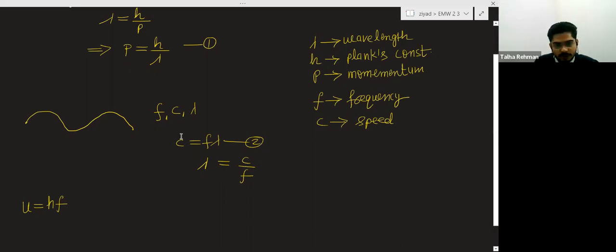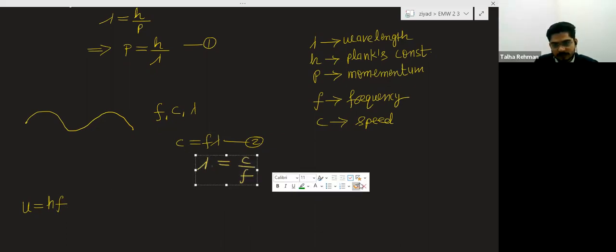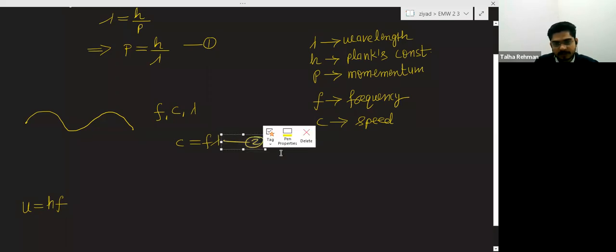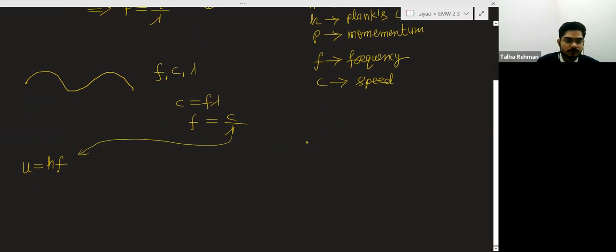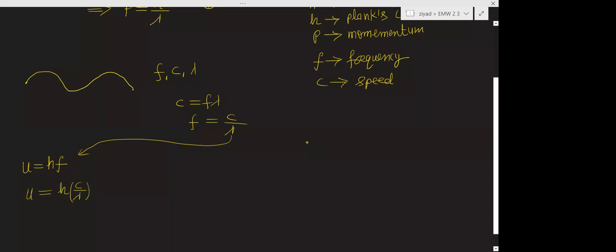Now what you have to do, just remove it. We are making it easy. We will find the value of frequency: frequency is given by c by lambda. Put the value of the frequency in this equation. So u is equal to energy is equal to h, and in terms of frequency, c by lambda.